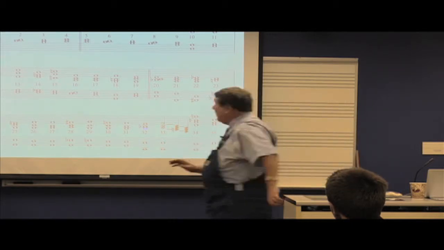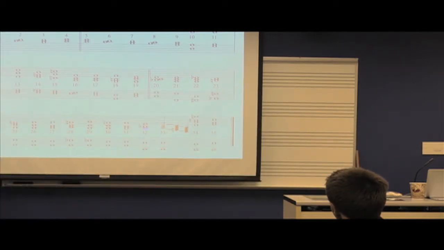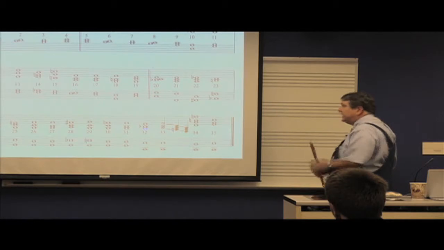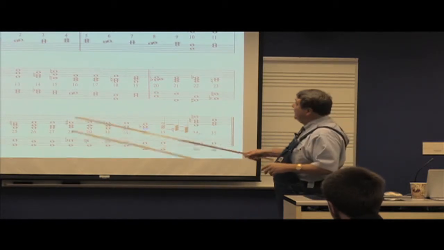But what you have here are the chords for the prelude, blocked along with each of the measure numbers. And here I have my fancy Home Depot pointer.